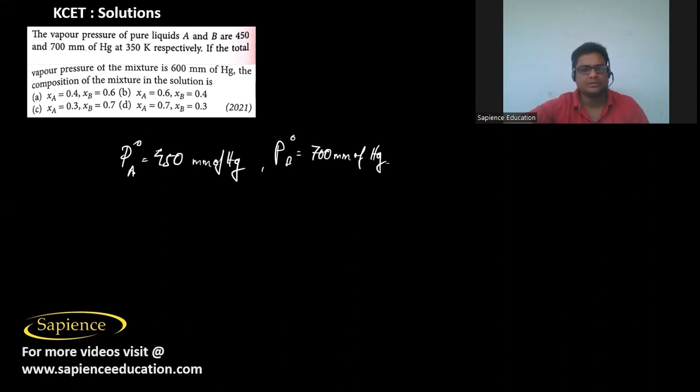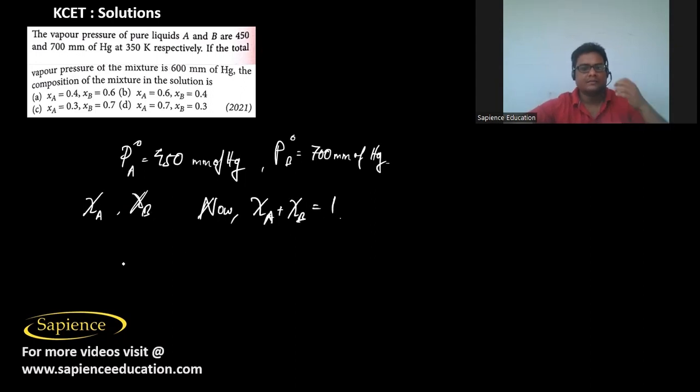Here, let's say that chi A is the mole fraction of A and chi B is the mole fraction of the liquid B in the mixture. Now, the sum of the mole fractions of A and B should be equal to 1.